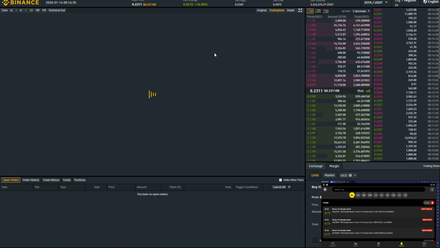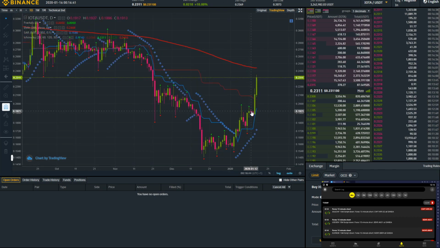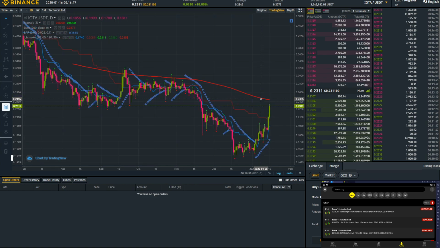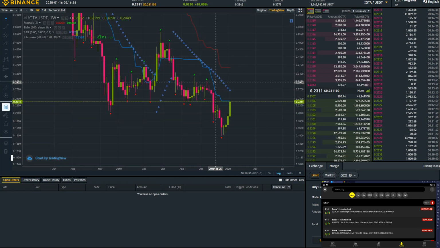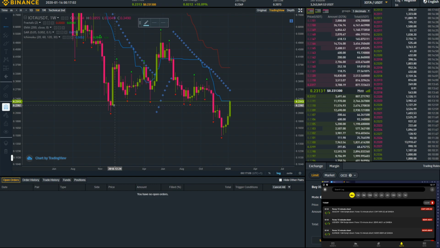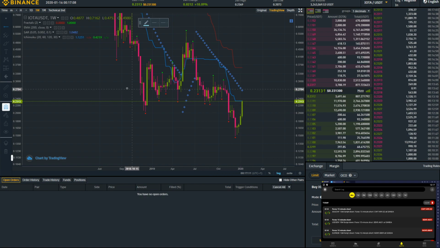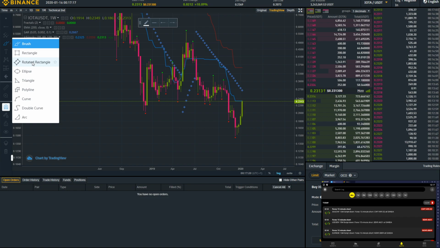Let's see IOTA. So this is a disbanded project, but we don't care. Currently you want to see this cross, and if you want to be bullish on IOTA, you want to go above this high. IOTA is currently not in a no trade zone, because look at this. This is a clear resistance, now was support, and here you are.